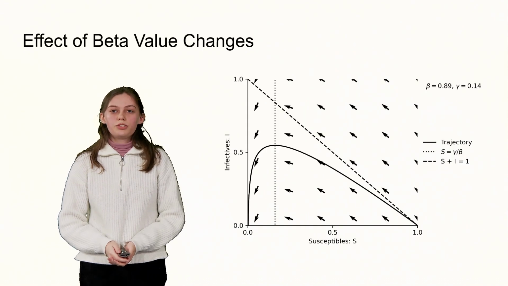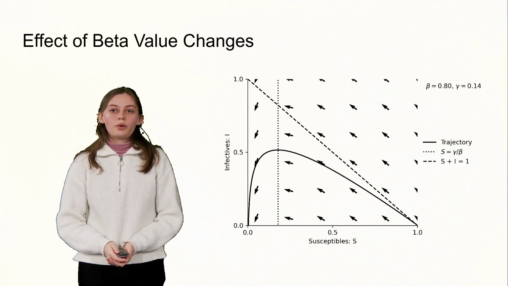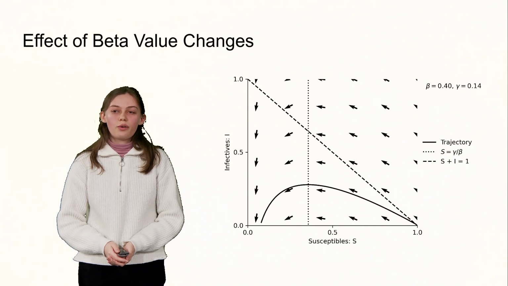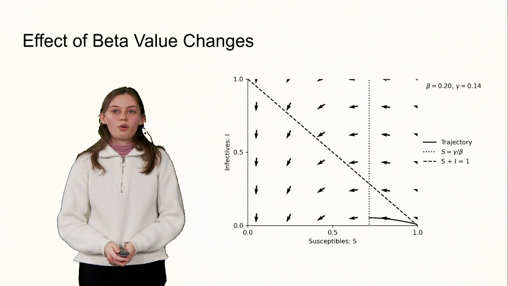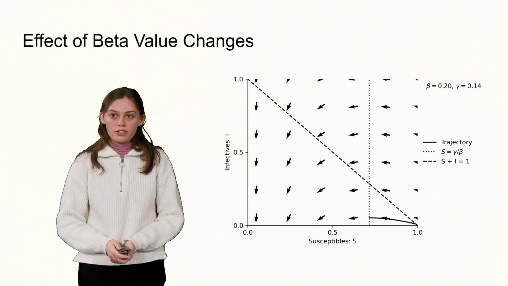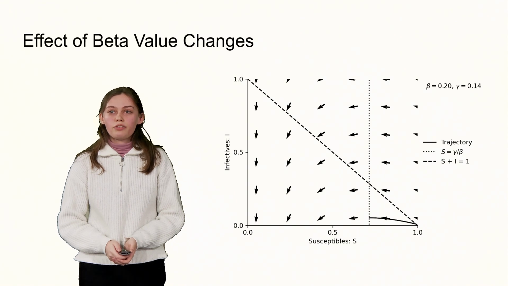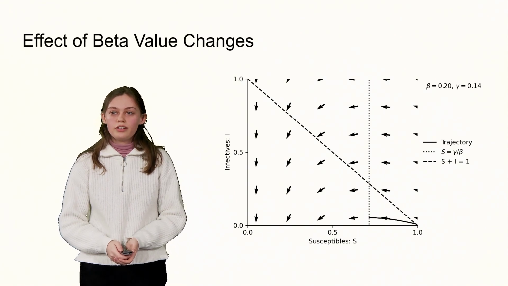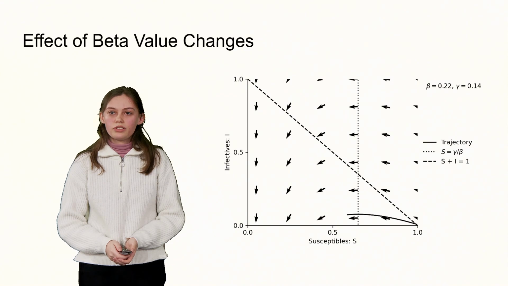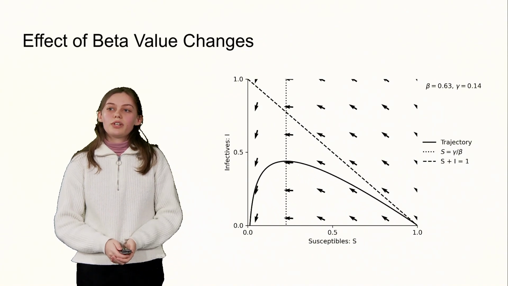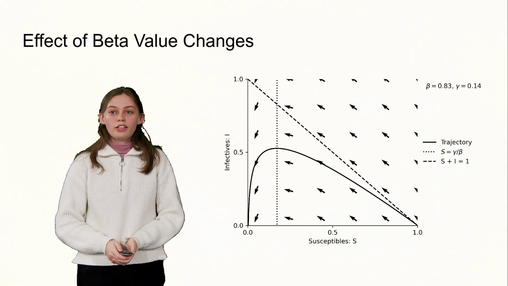So what we can do now is see how our transmission rate, or beta value, and how it changes can impact how the epidemic will spread using our phase plane. As you see at the moment, if you have a low beta value, you can see that the slope is very flattened. And as the beta value increases, we can see that we have a much higher peak.